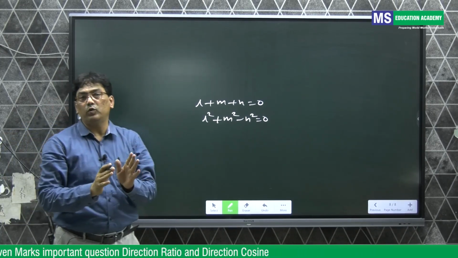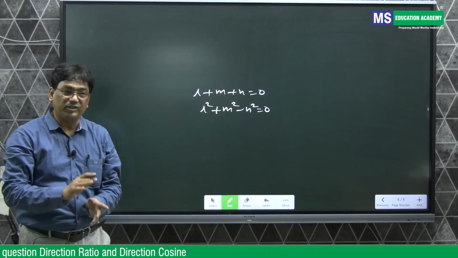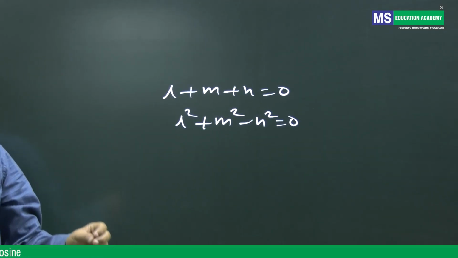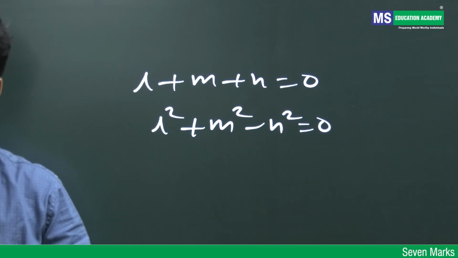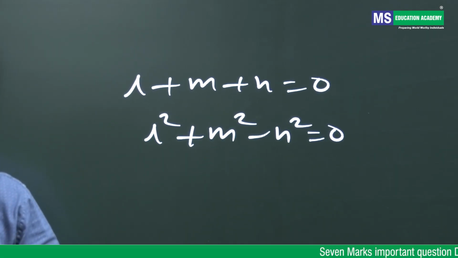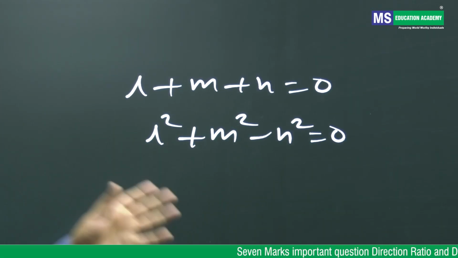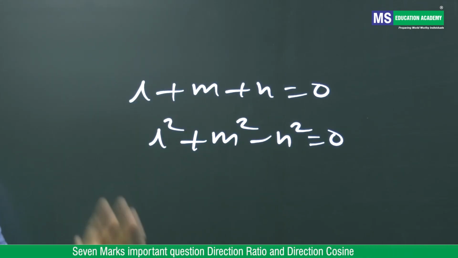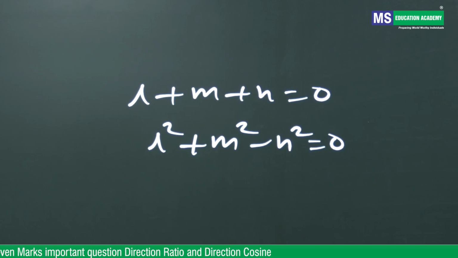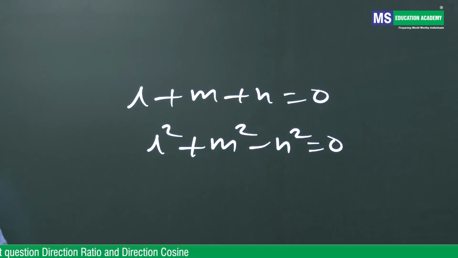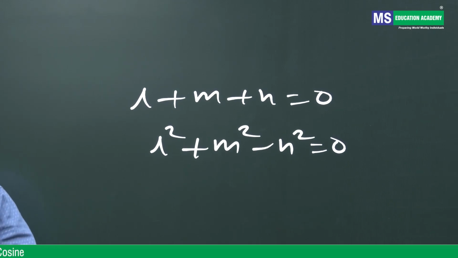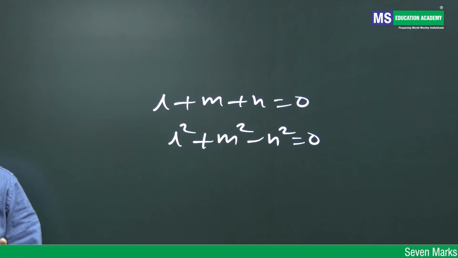The DCs of two lines are connected by these relations, then find the angle between those two lines. Same in this model, they change the values and ask: find the direction cosines of the two lines. We have a chance of getting such problems there.